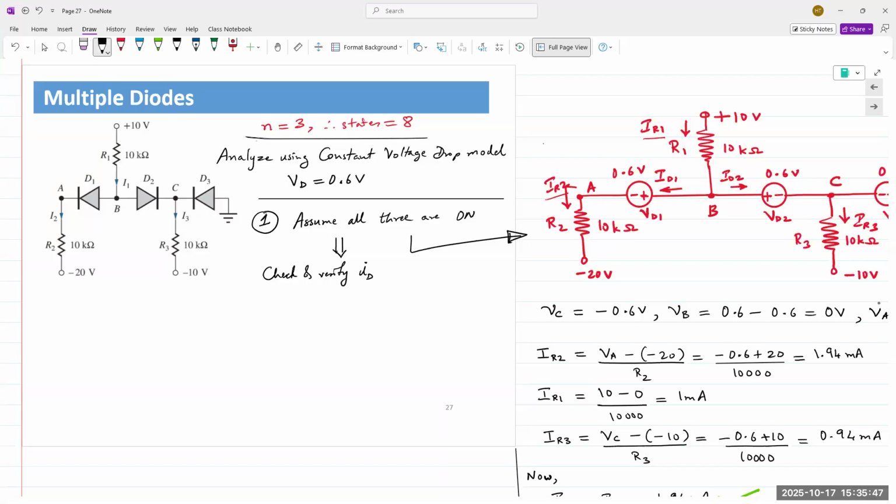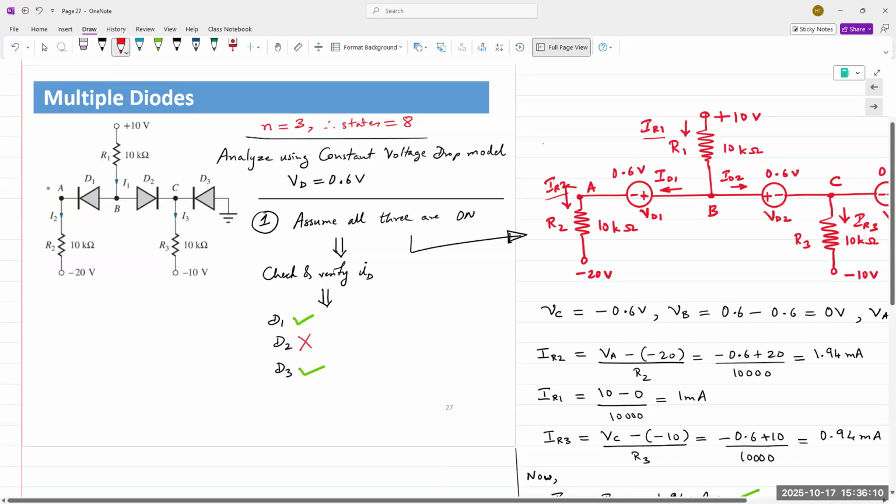So now we check and verify, and D1 was correct. D2 was incorrect. D3 was correct. Okay. So our entire assumption is invalid.